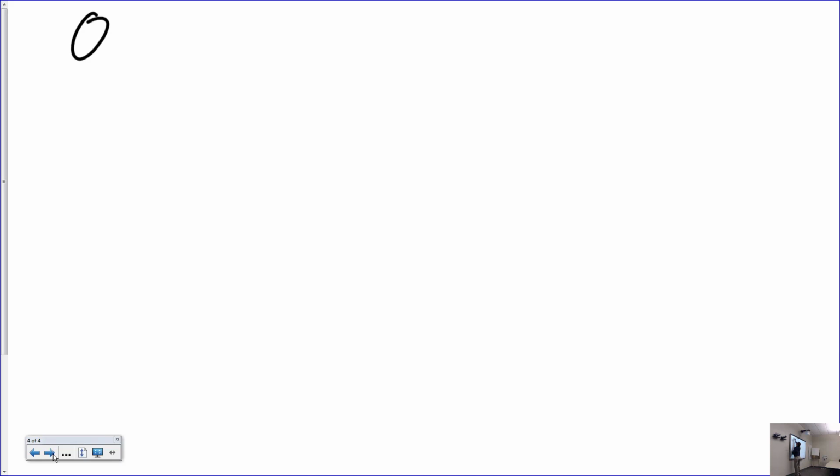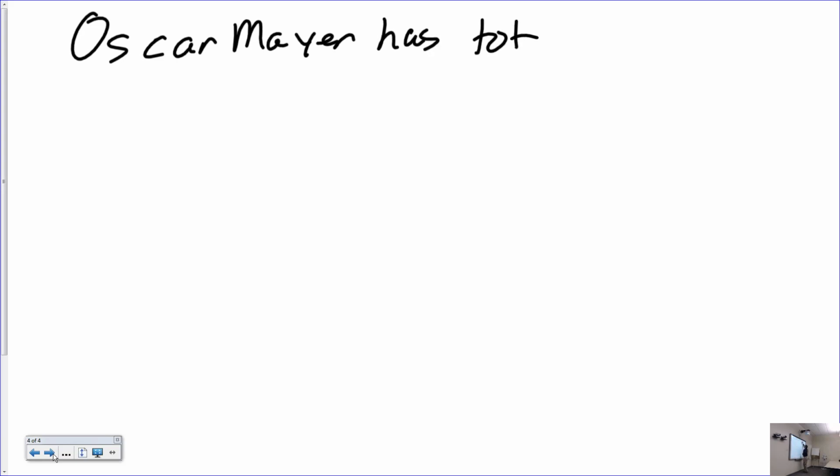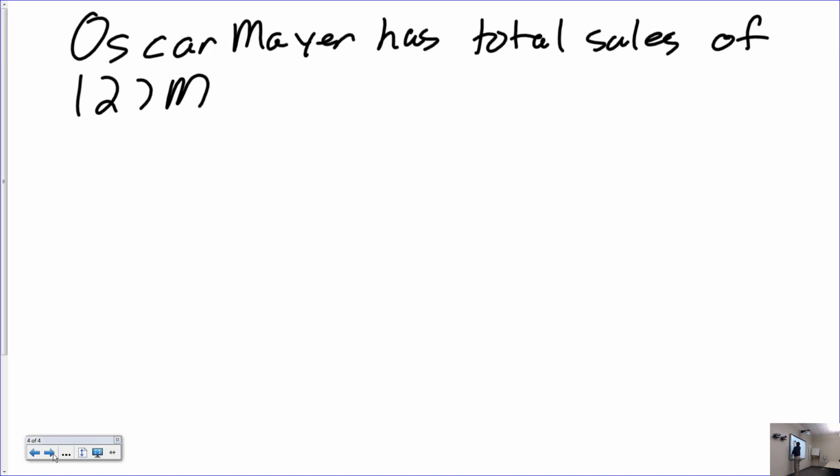So let's say that Oscar Mayer has total sales of, let's say, $120 million per quarter. It's probably a little low, my guess. Oscar Mayer is probably making sales in the billions per year, but perhaps it's a bad quarter.